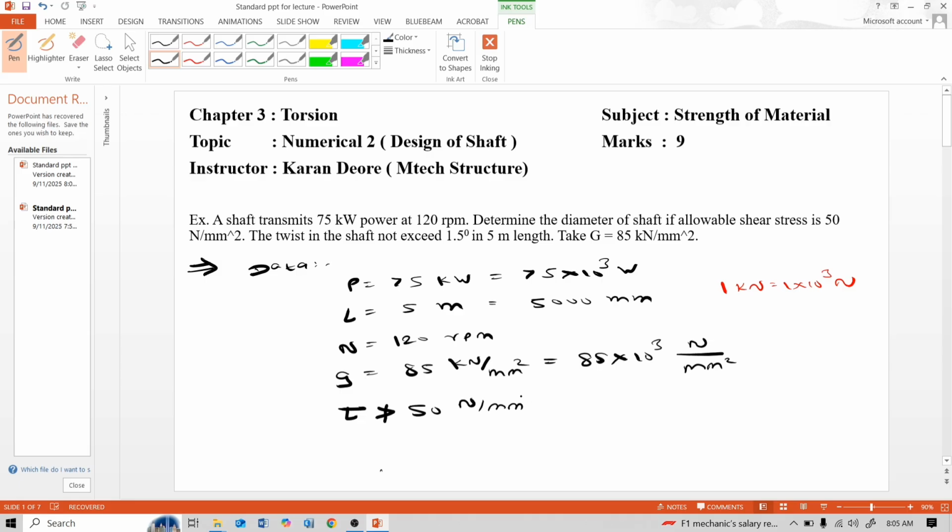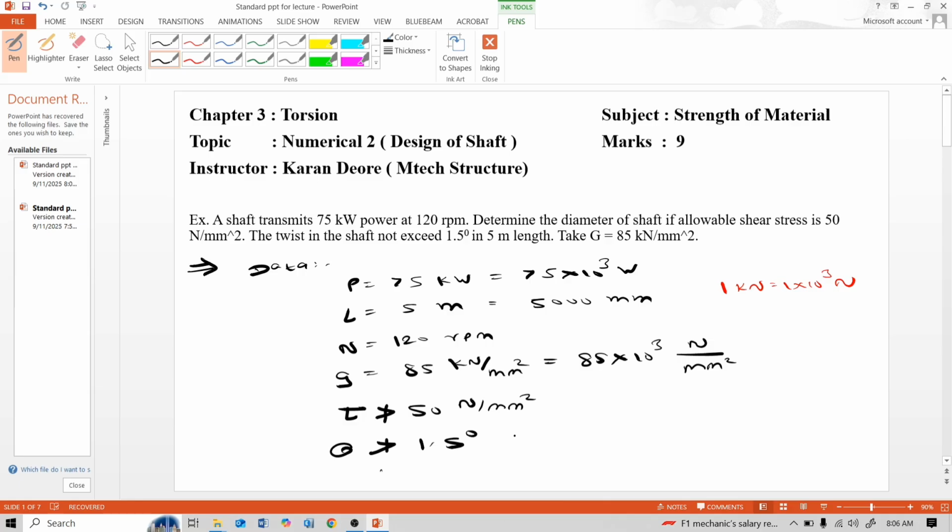It is only allowable up to 50 Newton per mm square. And the twist in the shaft should not exceed 1.5 degree, so twist is also only allowable up to 1.5 degree.